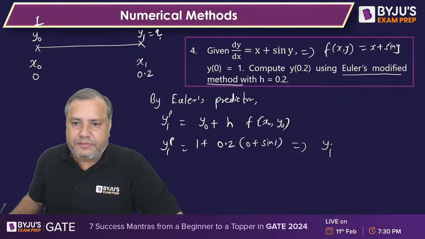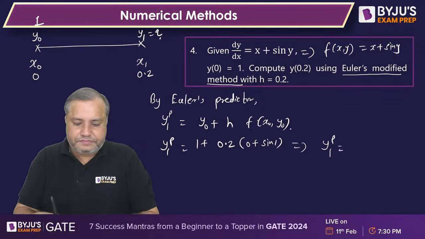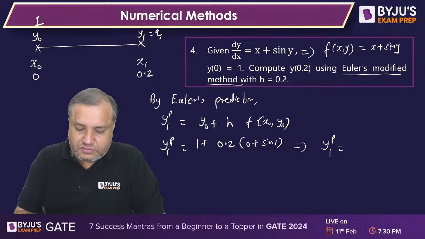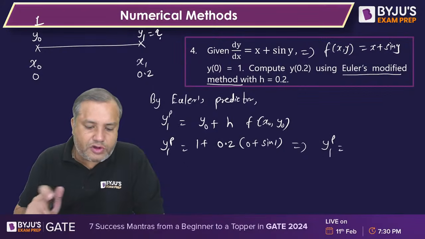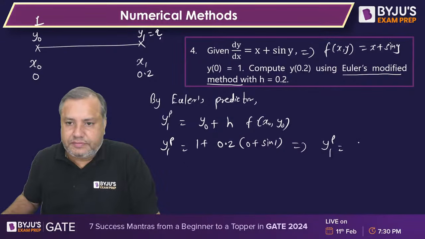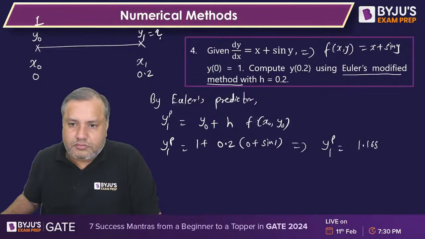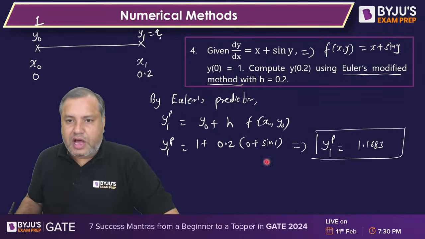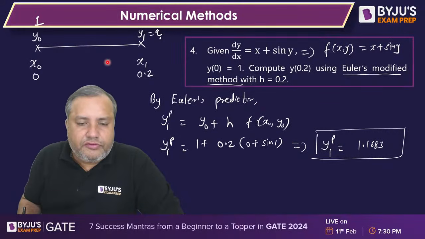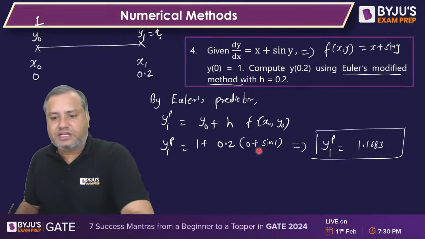What is y1p? 1 plus 0.2 multiplied by sine 1. I have got 1.1683 as y1p. After getting y1p, we will be correcting it. What is the corrector formula?